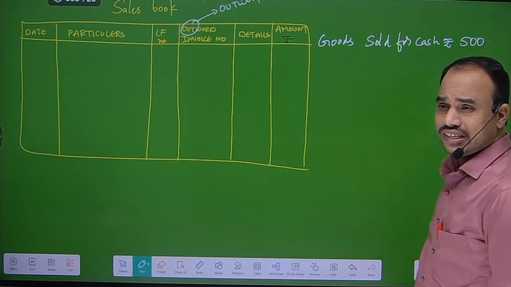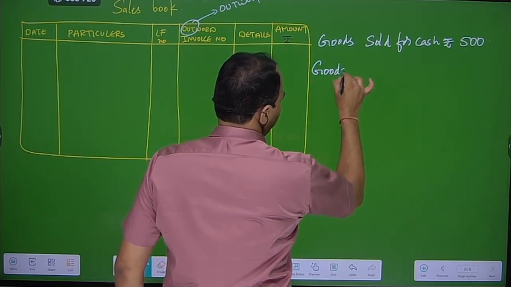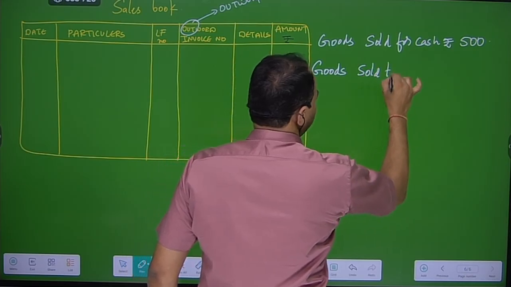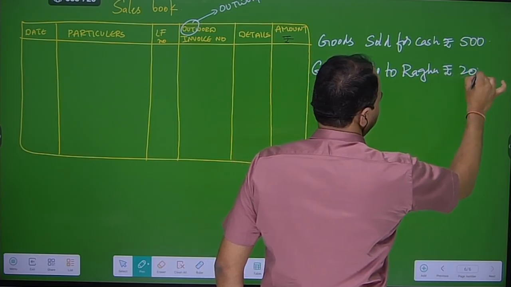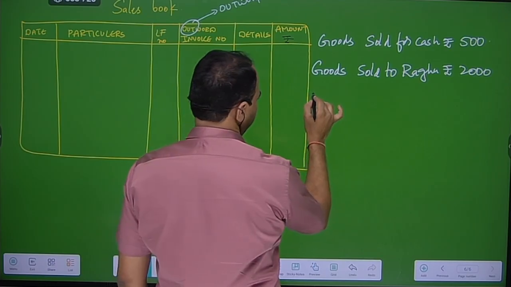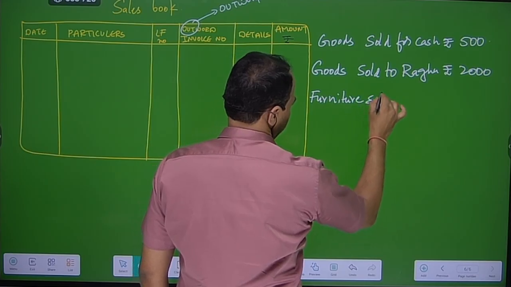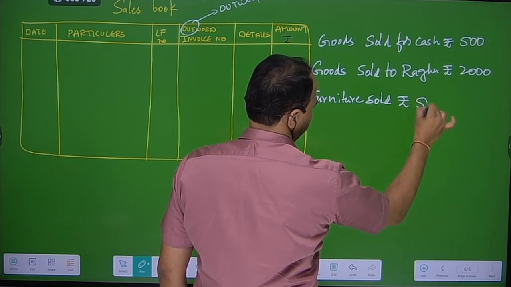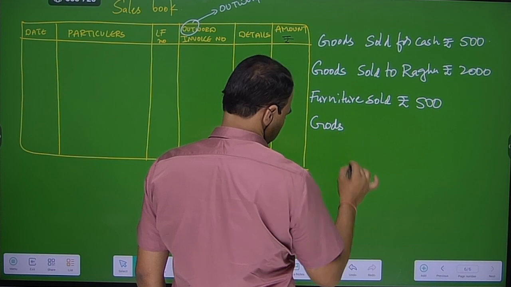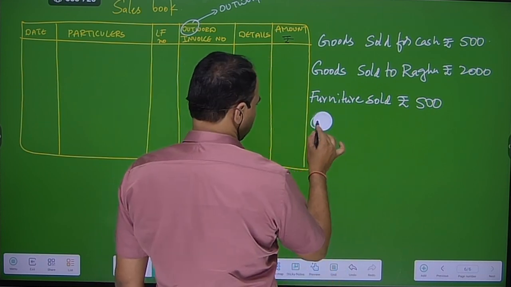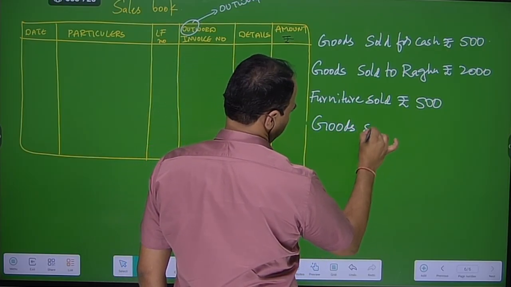This is the first transaction. See the second one. Goods sold to Raghu, rupees 2000. Next, furniture sold, rupees 500. Next one, goods sold.